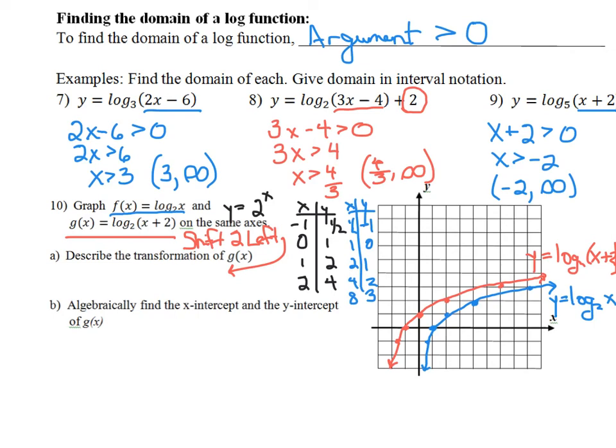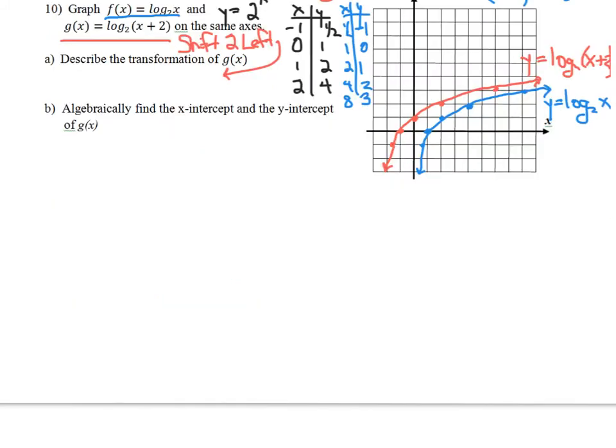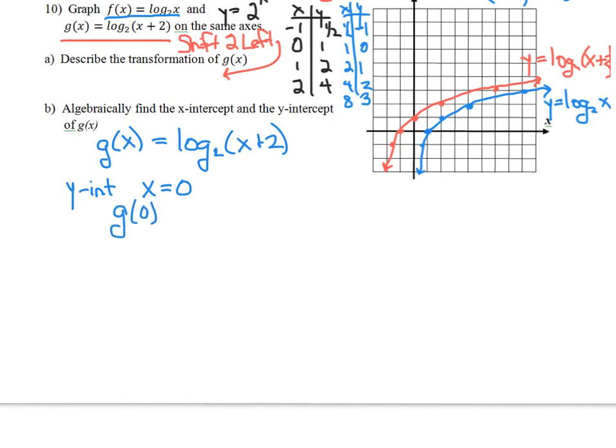Now we want to algebraically find the x and the y-intercept for this function. So I'm going to go back to my equation. g of x is equal to log to the base 2 of x plus 2. So for the y-intercept, that means that I want to make x equal to 0. So I want to find g of 0.